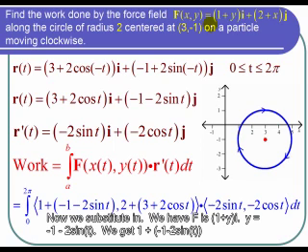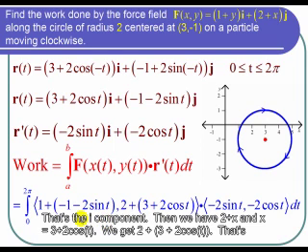F is 1 plus y for the i component, and y is negative 1 minus 2 sine of t, so we get 1 plus negative 1 minus 2 sine of t. Then for the j component we have 2 plus x, and x is 3 plus 2 cosine t, so we get 2 plus 3 plus 2 cosine t.